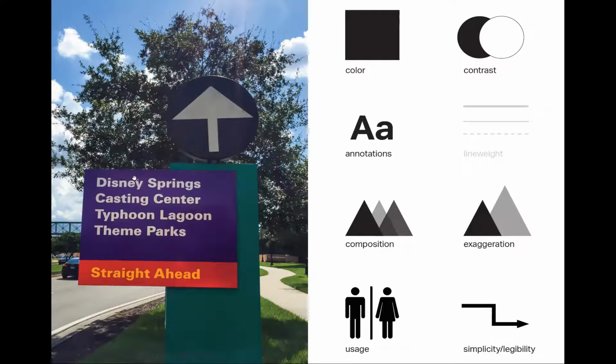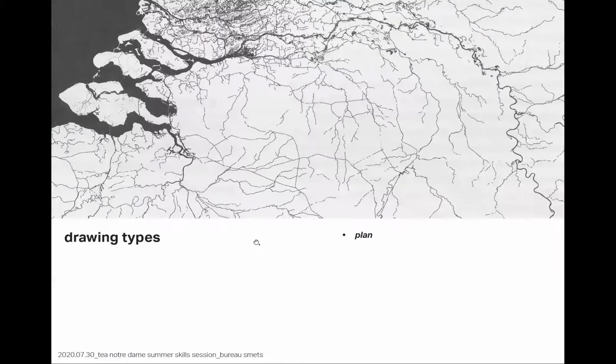So you go Disney Springs, Casting Center, Typhoon Lagoon, theme parks, then you can see straight ahead, and then your eye is drawn to the arrow. It's also very obvious in its usage, and its simplicity and legibility is entirely developed by the color palette and the contrast that it's developing between its annotations and the background which the font's laid on.